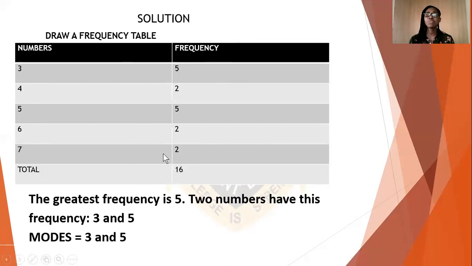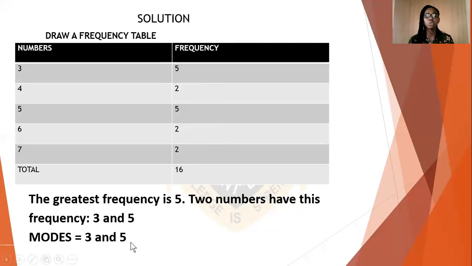From our frequency table, you can detect the mode. Number 3 has 5 frequency and number 5 also has 5 frequency. So the greatest frequency in the table is 5, and two numbers have it, which are 3 and 5.